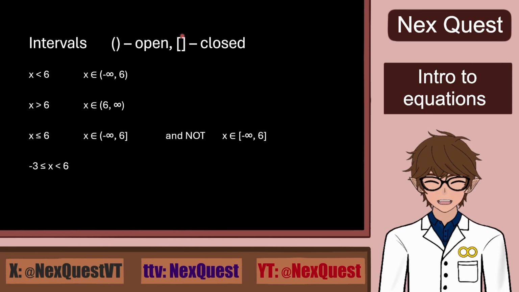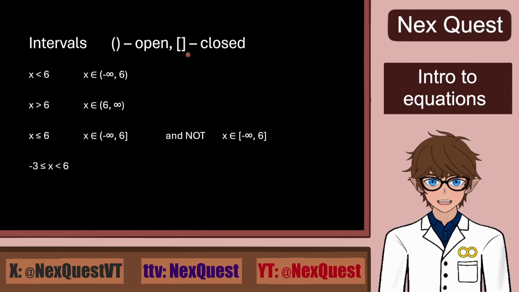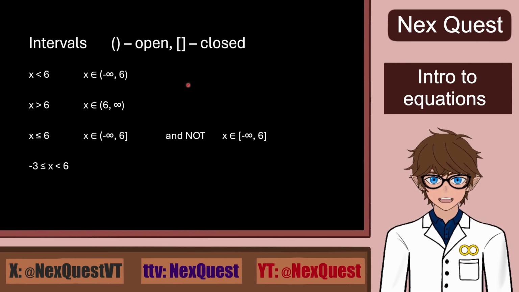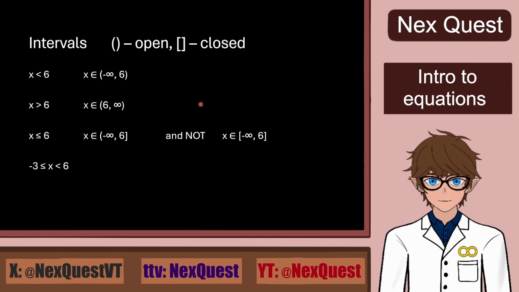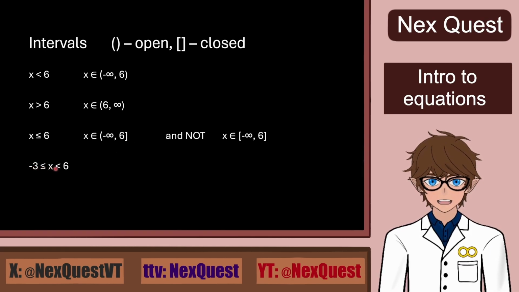And we can't use these closed interval brackets because they stand for precise limiting or ending, which we can't because infinities are never precise. Now for the last example, -3 is lesser than or equal to x, which is lesser than 6. What the hell is this?